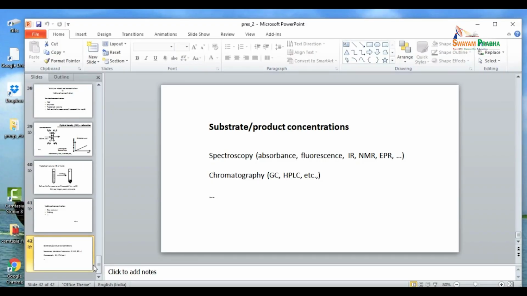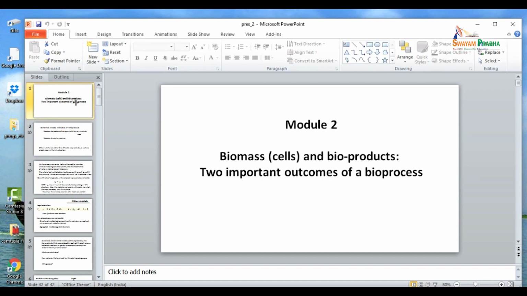I think we have come to the end of module 2. Very briefly summarizing what we did in module 2, we looked at biomass and bioproducts as two important outcomes of a bioprocess. That was the main theme of module 2.